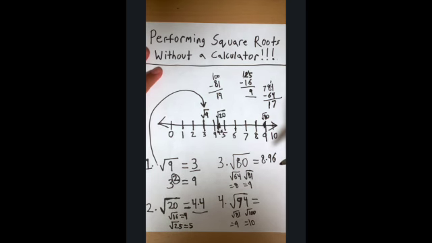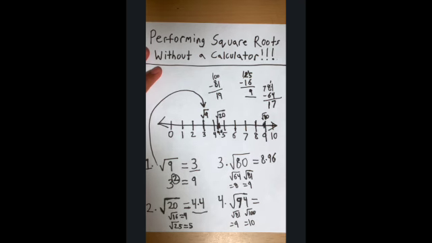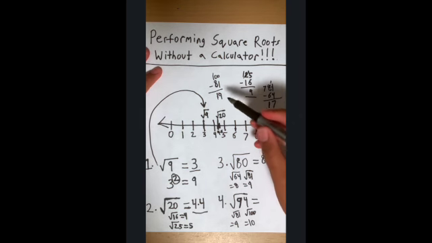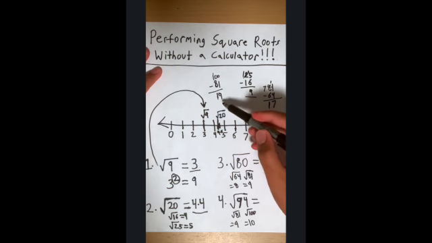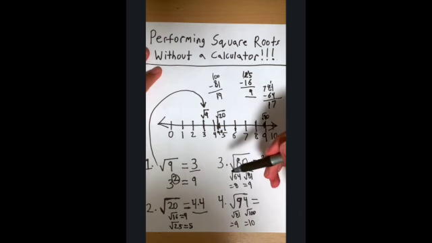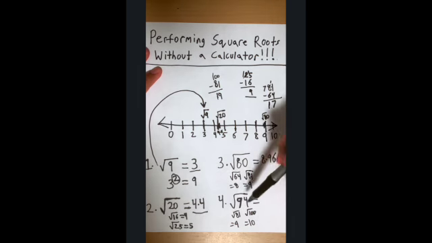Now, how much above? Since it's 13 ahead of 81 but 6 short of 100, I would say the halfway point between 81 and 100 is around 90, right?